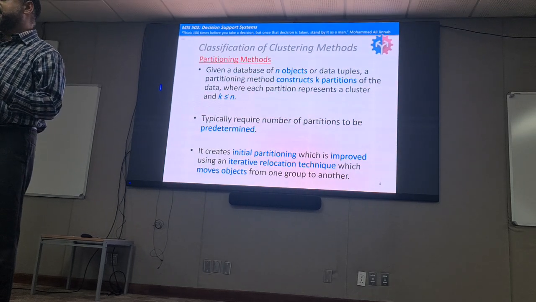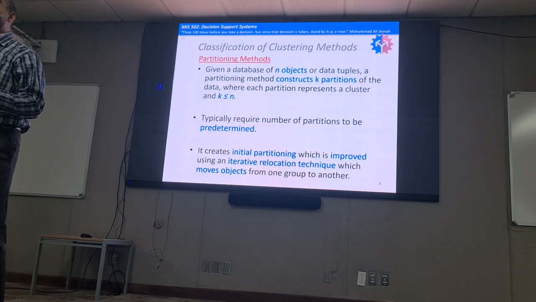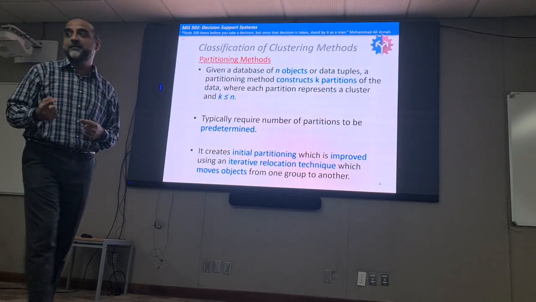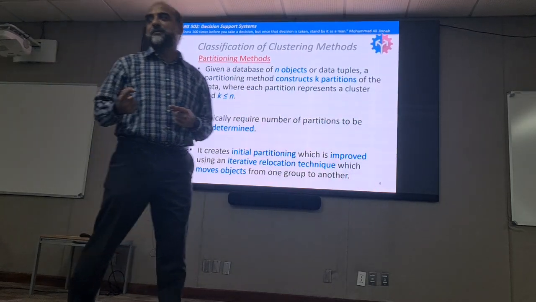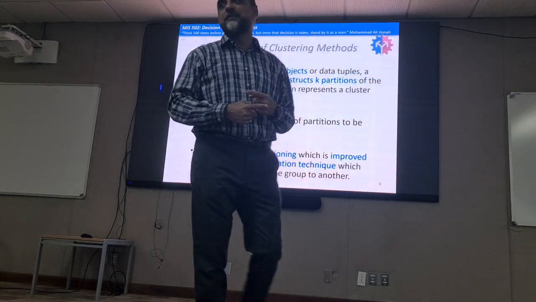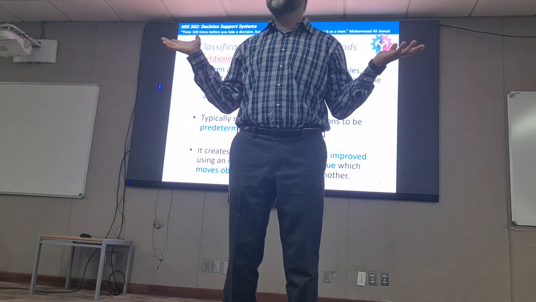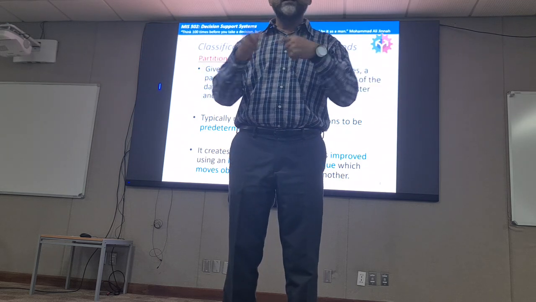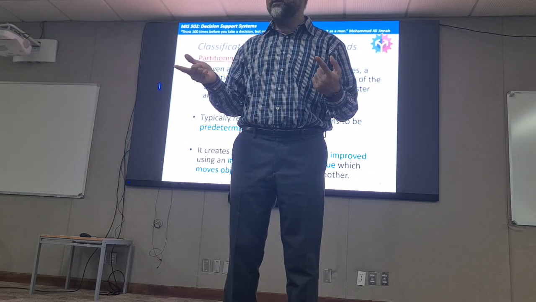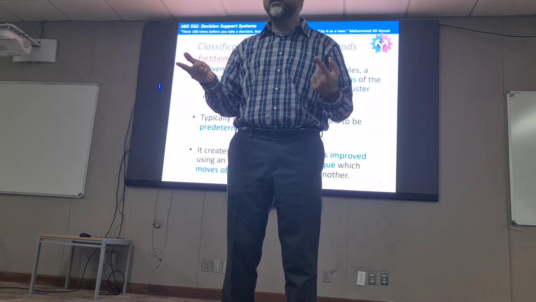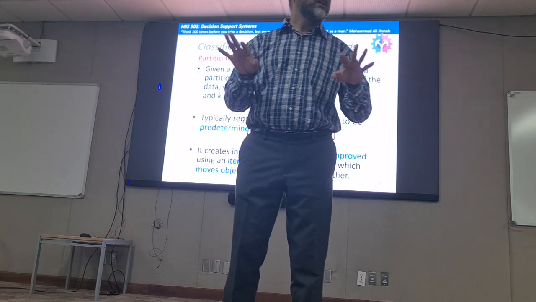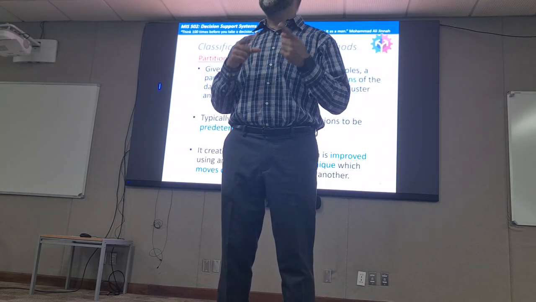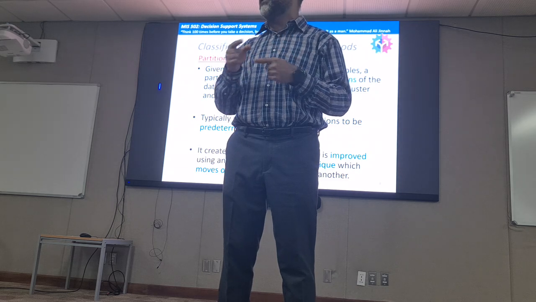Iterative means you go in a cycle and you keep improving and improving and improving till you cannot improve anymore. Till you reach an accuracy where I cannot find any other improvement in my clusters. You understand how it works. So you start randomly and you keep improving till you cannot find any more improvement.